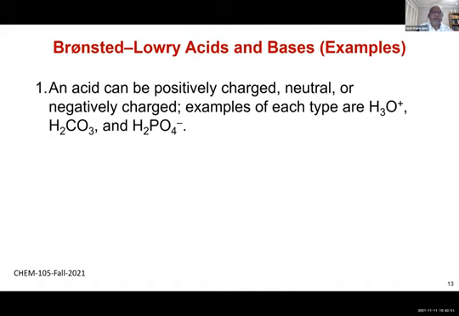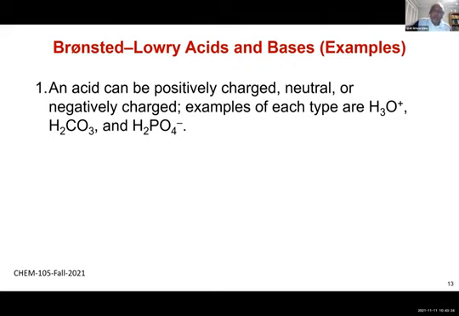So an acid can be positively charged, neutral, or negatively charged. For example, hydronium ion in water is an acid. It's a proton donor. Carbonic acid is neutral, and dihydrogen phosphate ion is a negatively charged species.